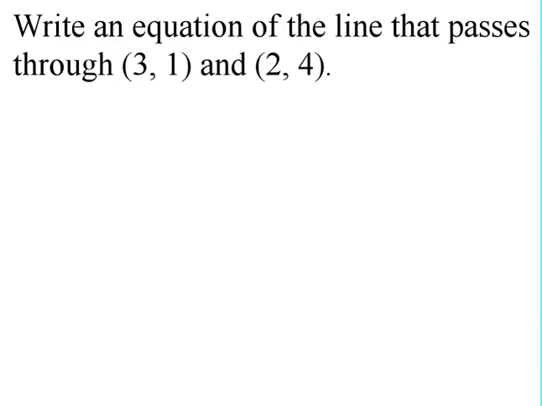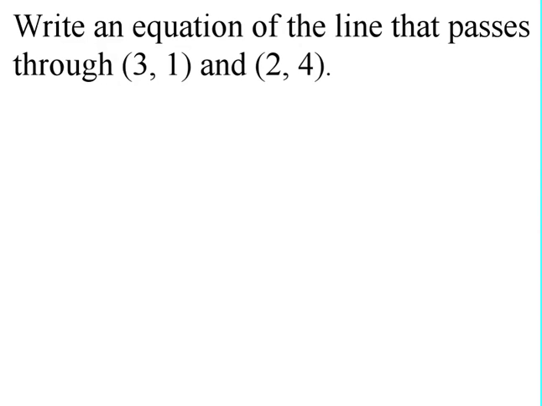So how is it different? It doesn't give the slope. Okay, instead of saying it passes through this point and has a slope of this, it just says it passes through these 2 points. So what I need to do very first is find the slope between these 2 points. And that's something we've already looked at in the previous chapter.